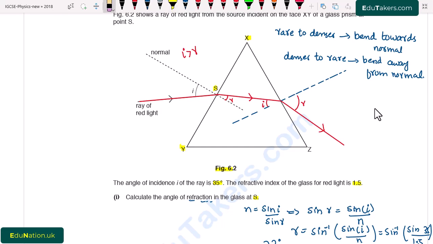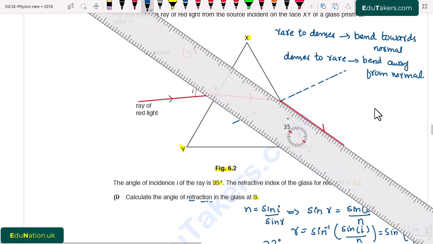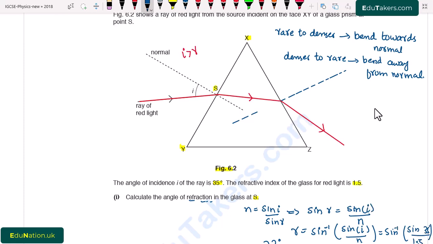So first of all, I erase something here. Now I am going to draw the path for blue light. We can see here red light and blue light. Red light has longer wavelength and blue light has shorter wavelength. So the bending in case of blue will be larger. Here will be more bending.